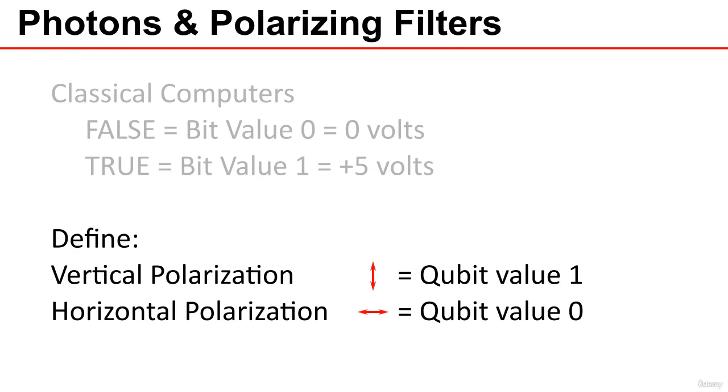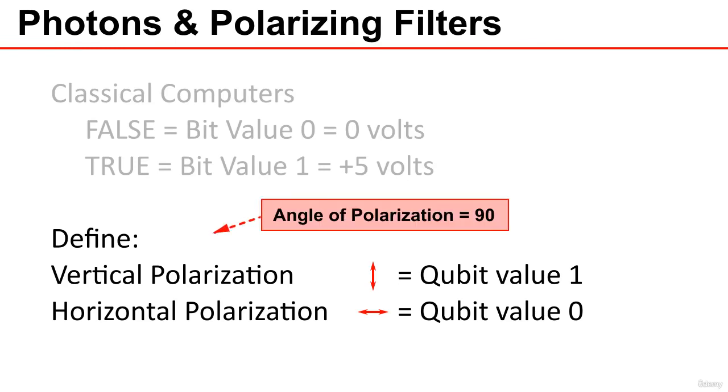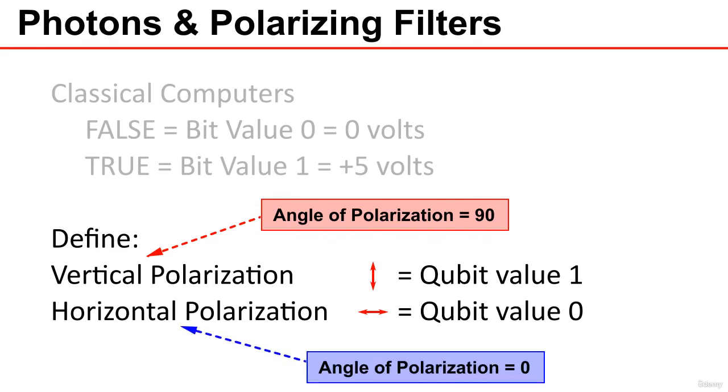We could have defined any two angles that are separated by 90 degrees as qubits 1 and 0. In this case, we have chosen 90 degrees, that is vertical polarization for representing qubit value 1, and 0 degrees, that is horizontal polarization for representing qubit value 0.